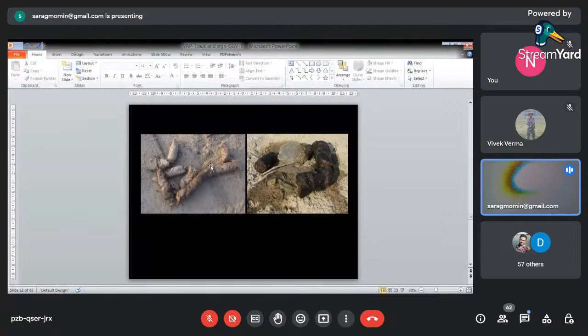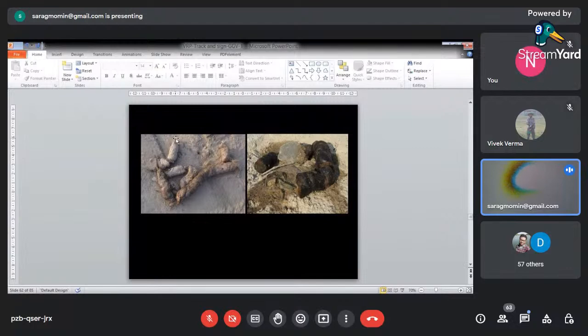Look at this left one. These are pointed at the starting point and at the end. But here, these are blunt and coiled, very much coiled.